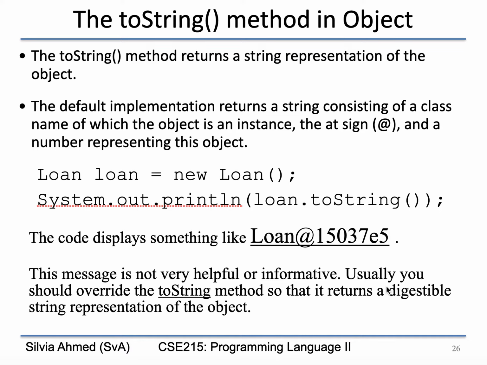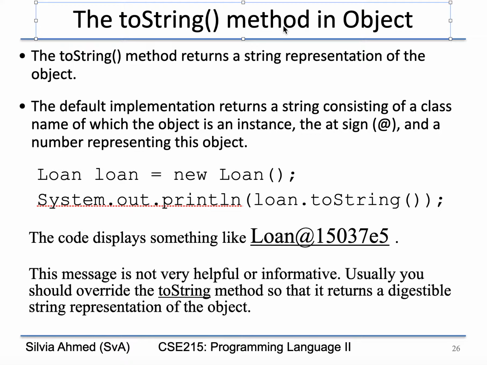So, in our previous method overriding example, we have seen the use of a method called toString method. The intention of this toString method is to convert the current status of all the data fields of an object, concatenate them into a string and return that string.